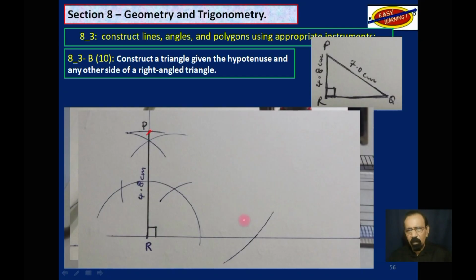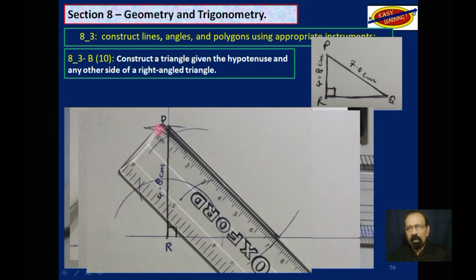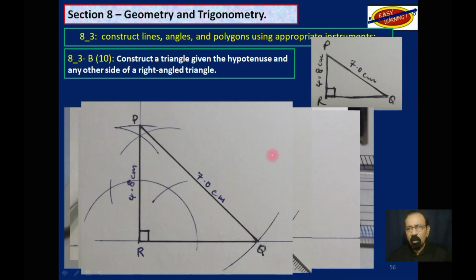Anywhere on that arc would be 7.0 centimeters, but we don't want anywhere. We want this specific point on this construction line. And we draw a nice bold line from P to Q. Of course, we will label down here Q. And this is the required triangle.